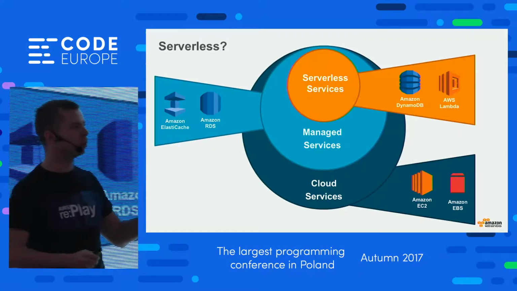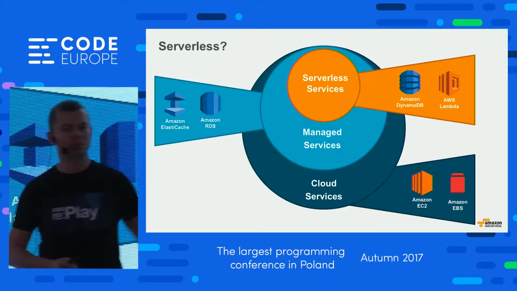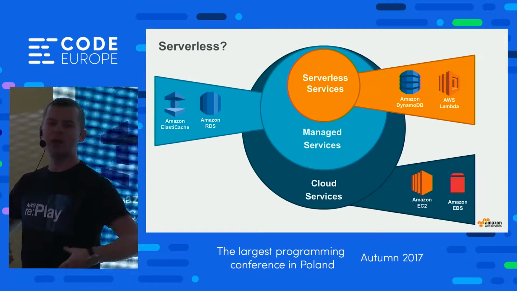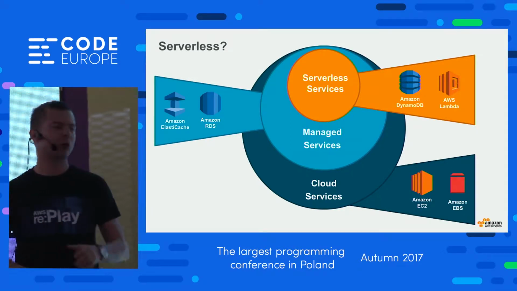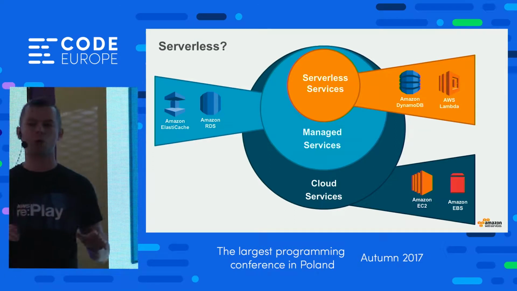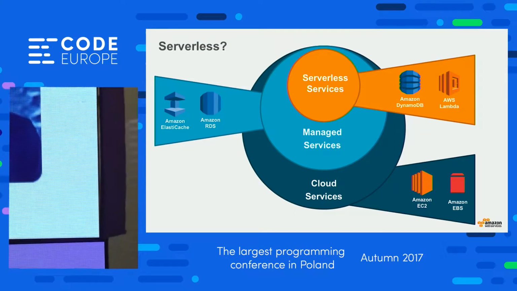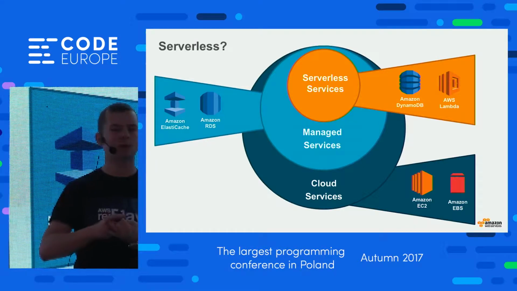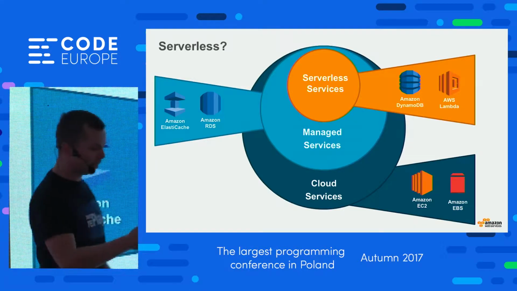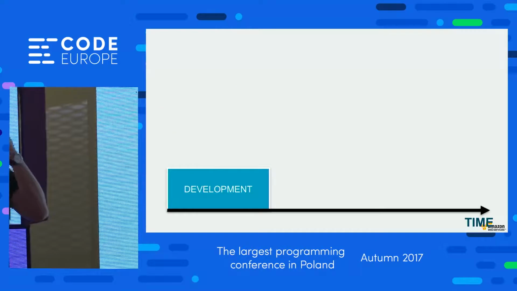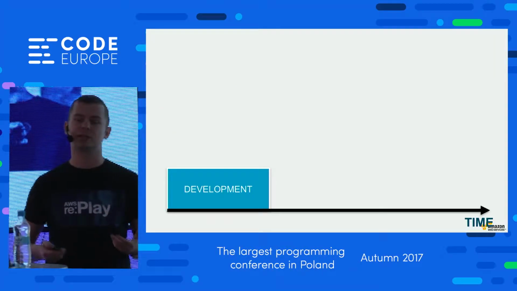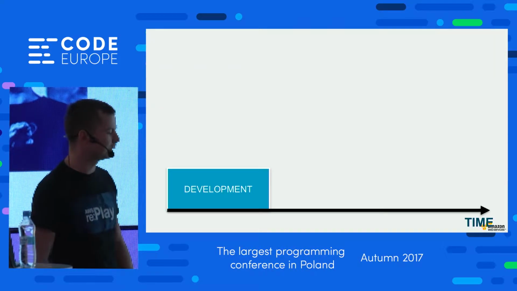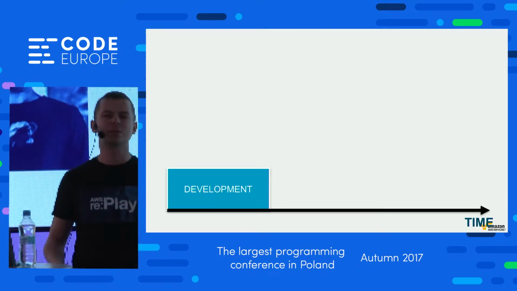This is going one step even further. We are saying we want to have a database, but we don't want to work with servers. I know that there will be servers, but I don't want to see them, I don't want to patch them, I don't want to think about them. And currently in AWS, there are different services which provide this serverless functionality. And why is it so popular?